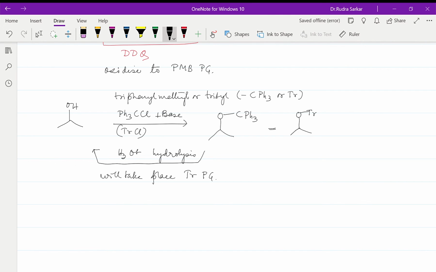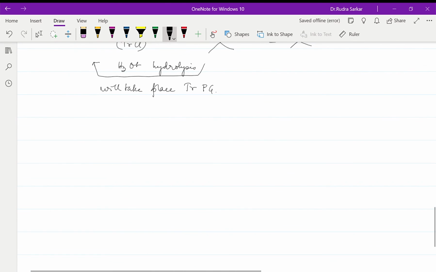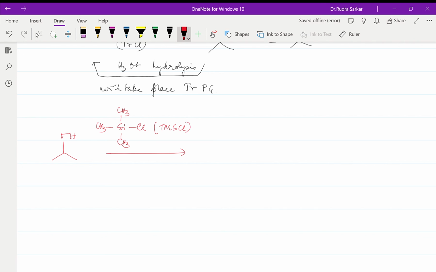Another way of protecting alcohols will be via using silyl ethers. So what do we do in that case? Suppose again we take this alcohol and over here we are using Si joined to 3 Me groups and 1 chlorine, also known as TMSCl.